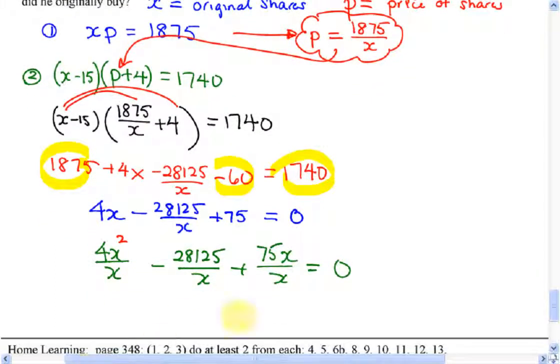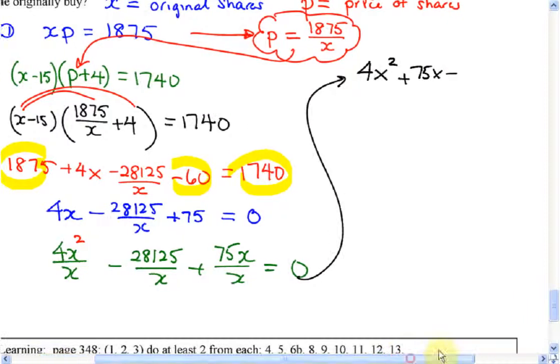And once again, once you've done that, you can equate the numerators. So I'll equate the numerators, and this is what you got. 4X squared plus 75X minus 28,125 equals 0. Go ahead and solve this. By the way, once I see big numbers like this, don't try to factor. Just go ahead and use the formula.